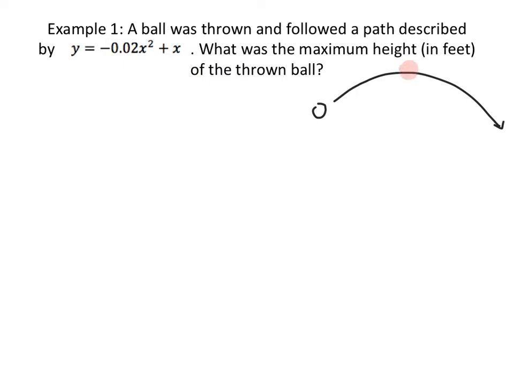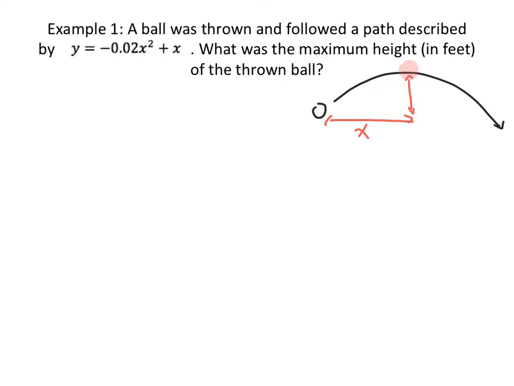If I was looking on a graph, it would be the vertex of the parabola. So what I'm actually going to do is find the vertex, and the y value is going to show me the maximum height that this ball reaches. This distance right here would be the x value of the vertex. The y value is going to be the height.